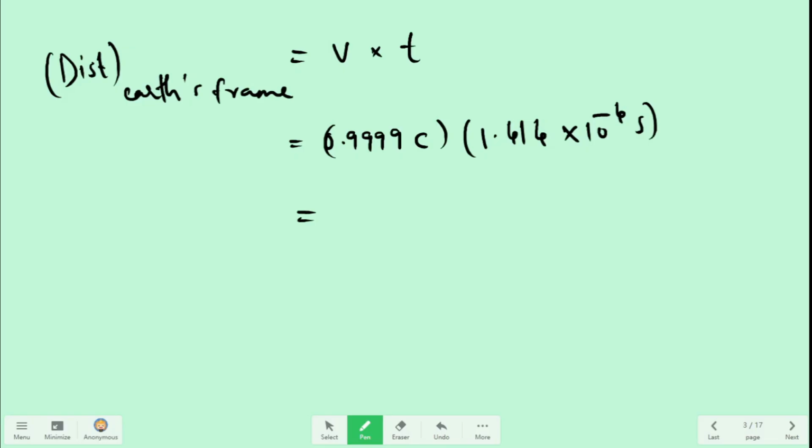If you put that as well, you will get the distance in Earth's frame equal to 42,415.7 meters, which can be approximated to 42 kilometers.